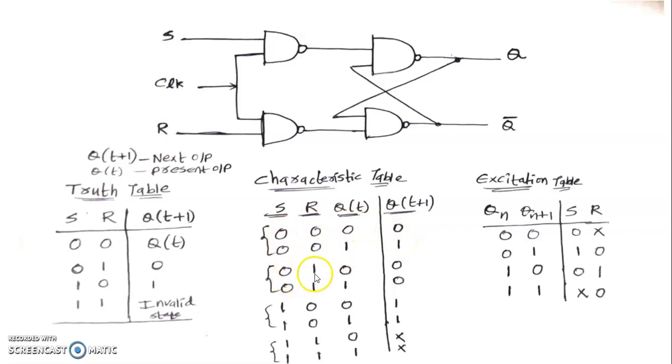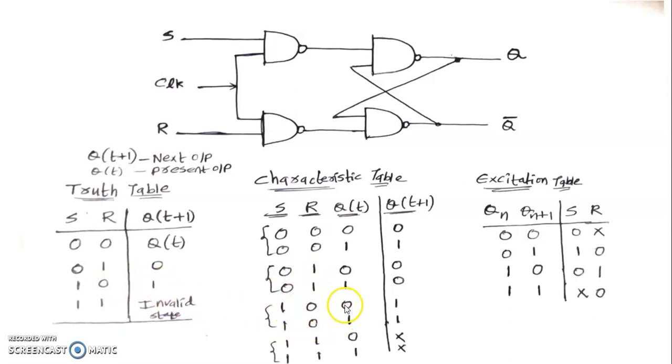Next, for 0, 1 inputs, the output is 0. For 0, 1 and present state output 0, the next state output is also 0. And for 0, 1 combination, if the present output is 1, the output is changed to 0. Why? Because for 0, 1 combination SR flip-flop gives 0. It does not depend upon the present output. Whether the output is 0 or 1, the output is changed to 0 when the inputs are 0, 1. Next, for 1, 0 combination, the output is 1.